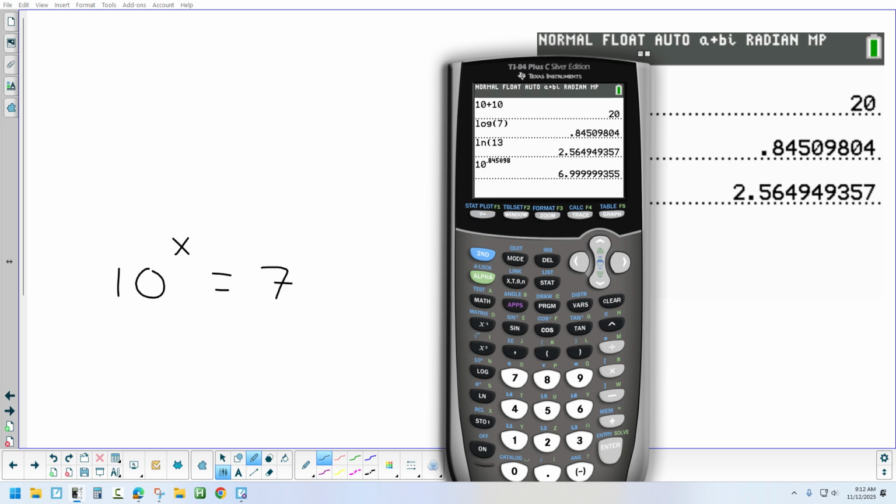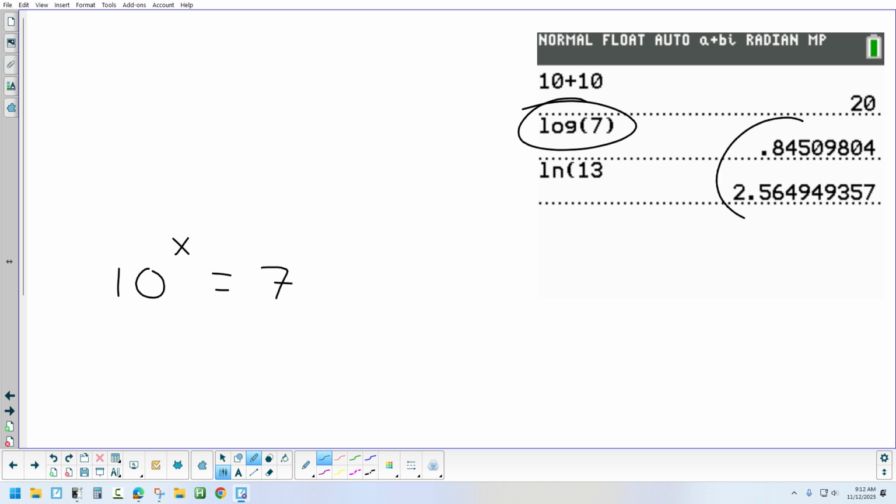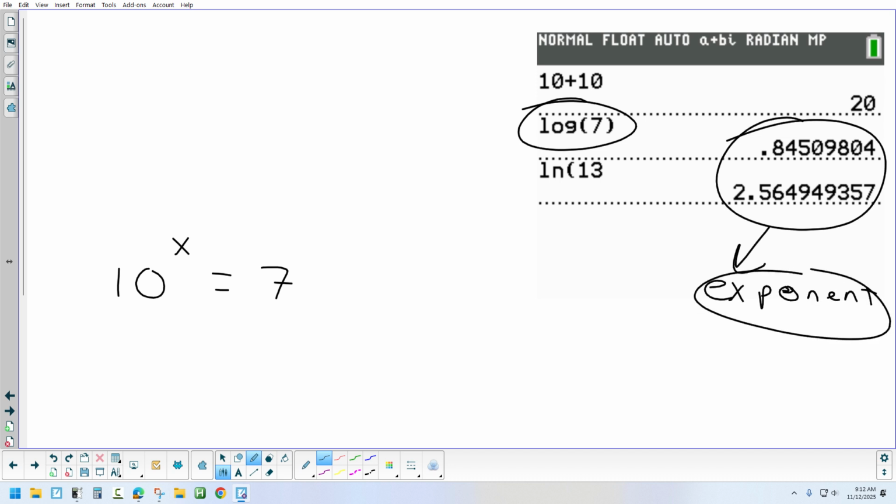Right? So when you type log into the calculator and you hit enter, the answer that you're getting is an exponent. Logarithms are exponents. That's what they are.